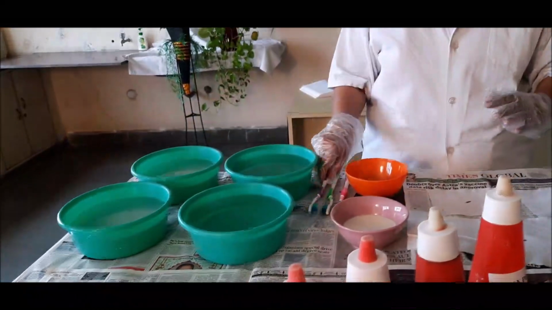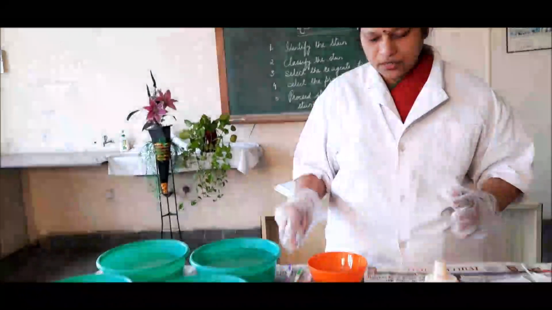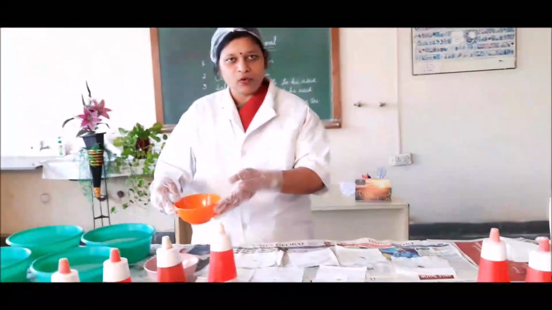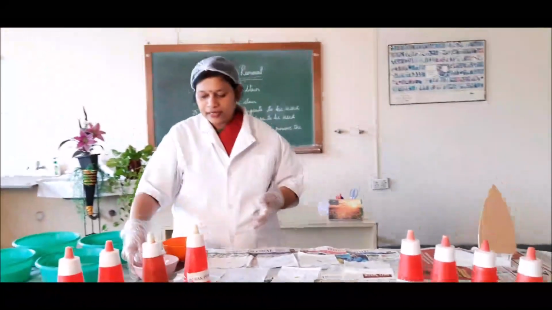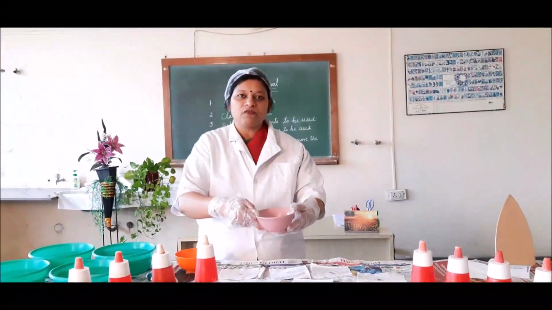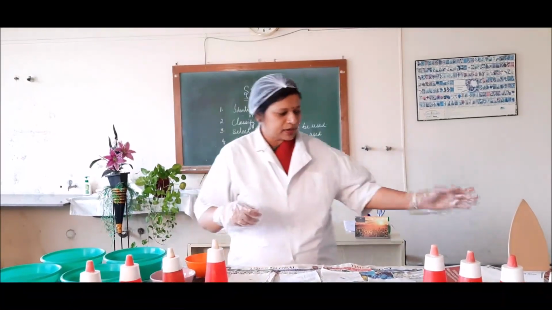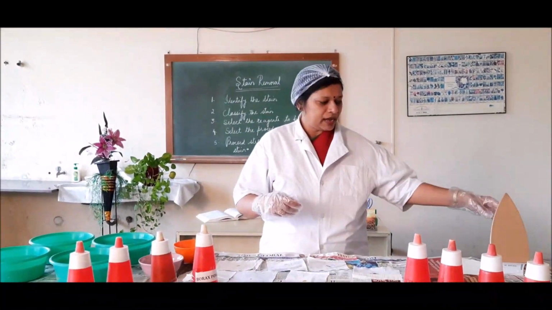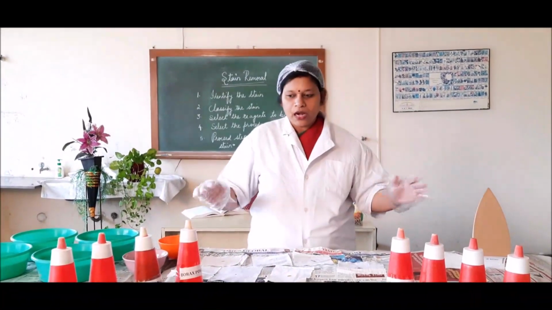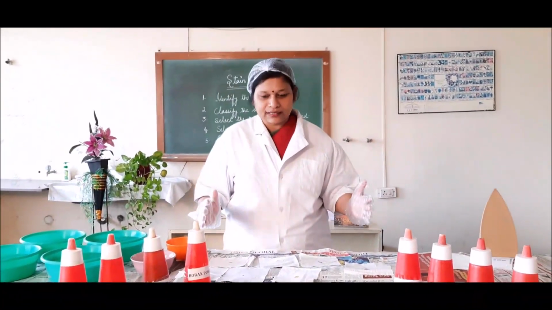And I have toothbrushes for doing the stain removal, some plastic bowls to pour the reagents, and a bowl of milk, which I will show you in due course why it is used. I have kept my tissue papers ready, and I have also kept my iron box ready. Now my task starts.